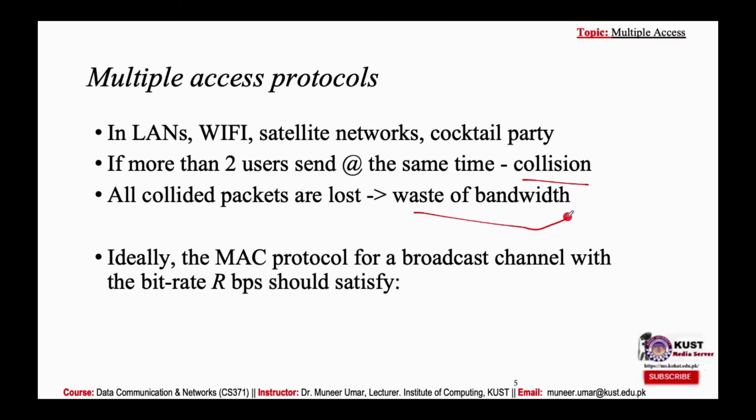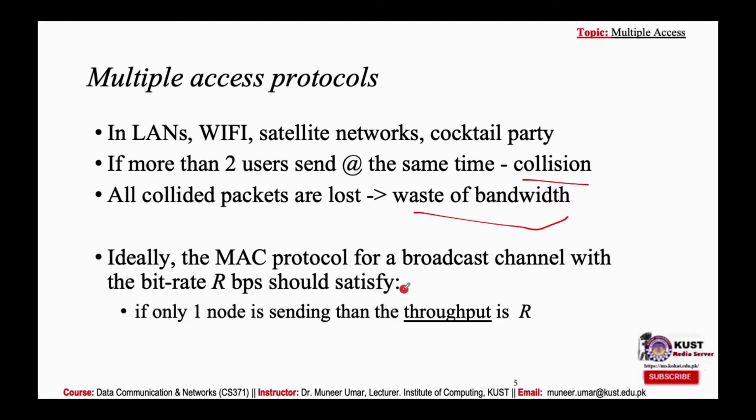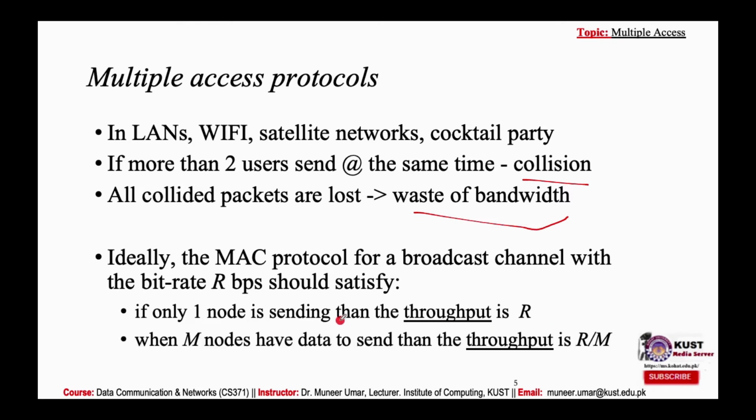Ideally, the MAC protocol for a broadcast channel with the bit rate R bits per second should satisfy: if only one node is sending, then throughput is R. If M nodes have data to send, then the throughput is R by M.